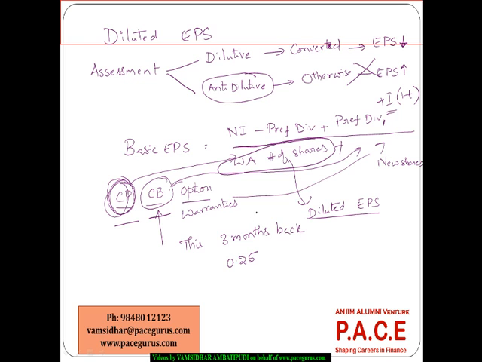So that part remains the same, but the major thing for me is the computation of these two. But in the case of stock options and warrants, there is a slightly different method, which we call the treasury stock method.